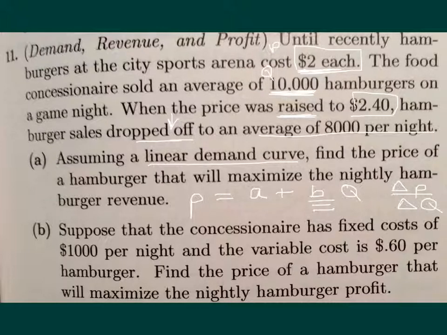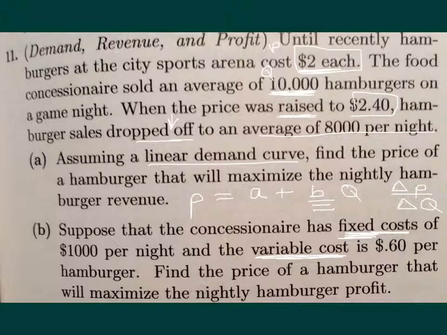Looking ahead to part B, it says suppose that the concessionaire has fixed costs, that means they do not vary, of $1,000 per night, and then here's your variable cost of 60 cents per hamburger. Find the price of a hamburger that will maximize the nightly hamburger profit.